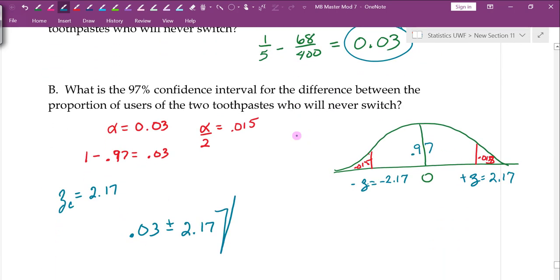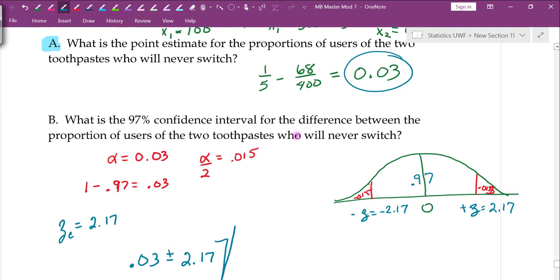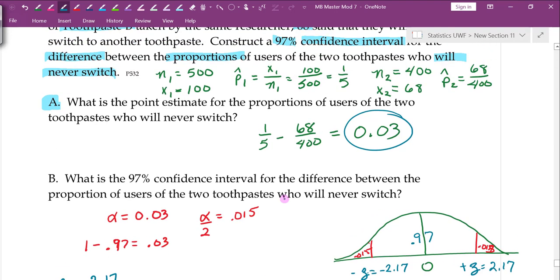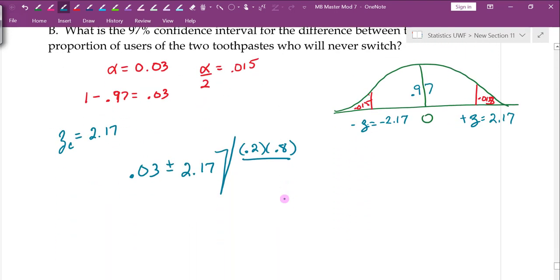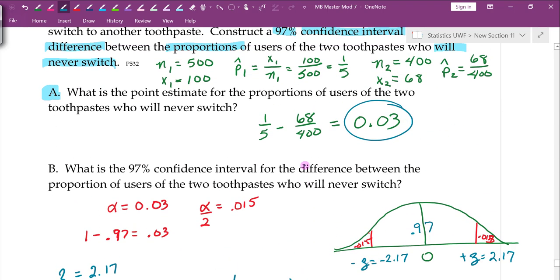Okay, so 1/5 is going to be 0.2. So my p hat 1 is 0.2 multiplied by my q, 0.8, divided by my sample size for population 1, which is 500, plus, let's see here, 68 divided by 400 is equal to 0.17.